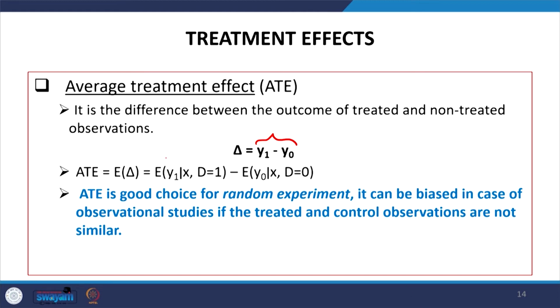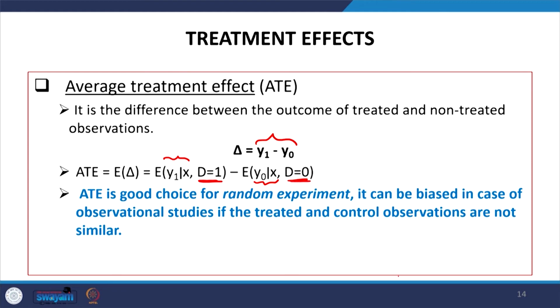It is the expected value of y1 given the control variables where treatment is given, minus the expected value of y0 given x where no treatment is given.